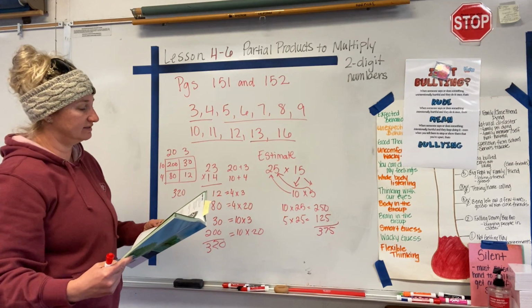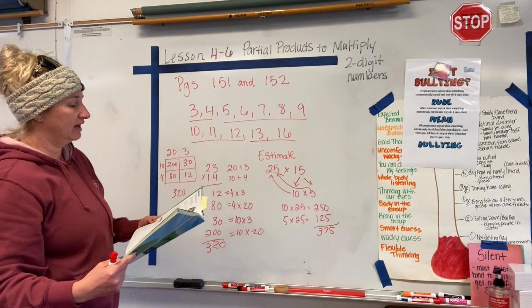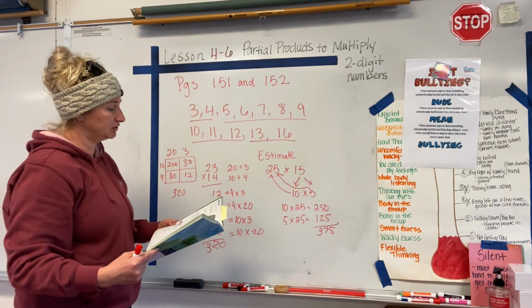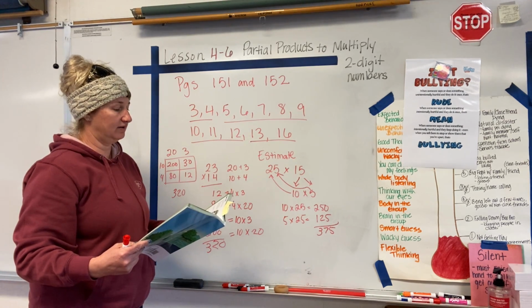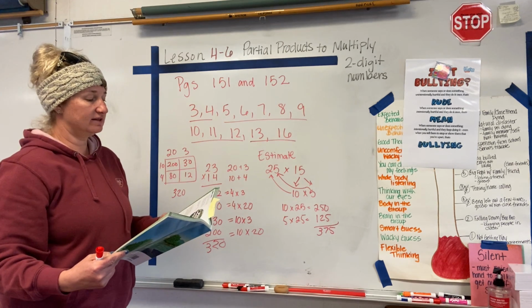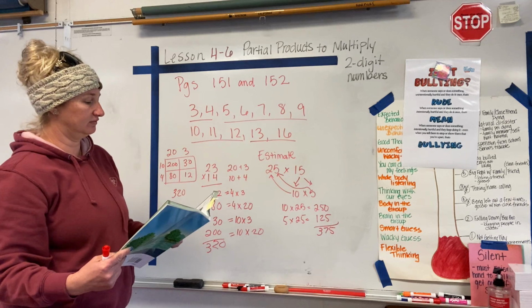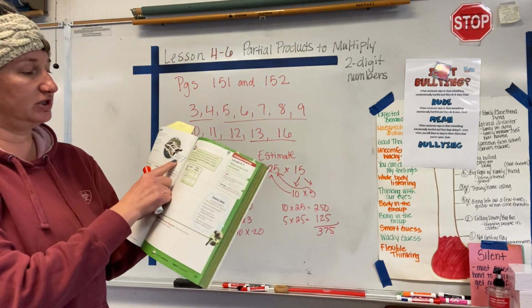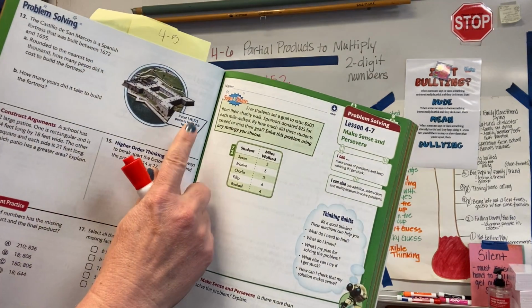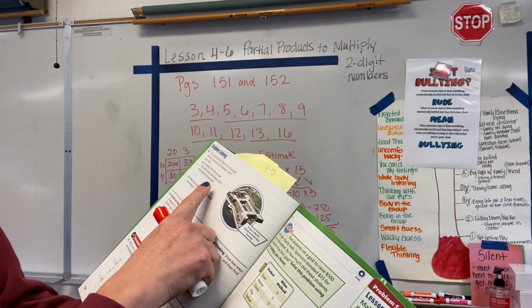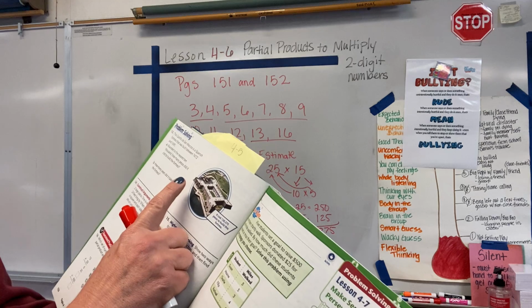And then for problems 13 and 16, 13 says the Castillo de San Marcos is a Spanish fortress that was built between 1672 and 1695. Round to the nearest 10,000, how many pesos did it cost to build the fortress? So in the picture, it says the actual amount of pesos, and the problem asks you to round. So this is just review, practicing.